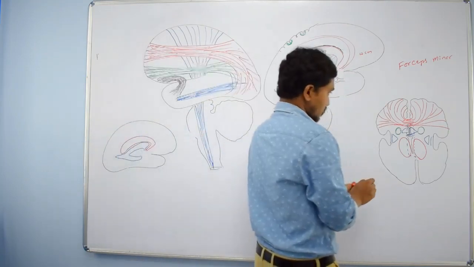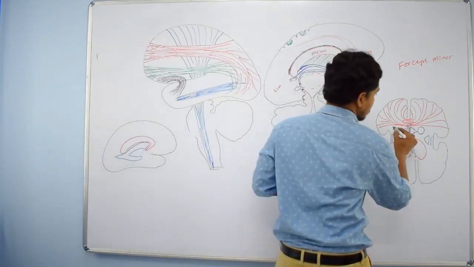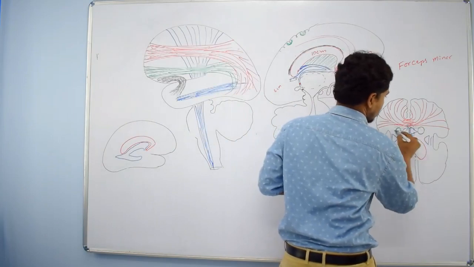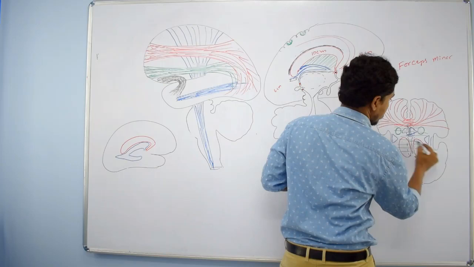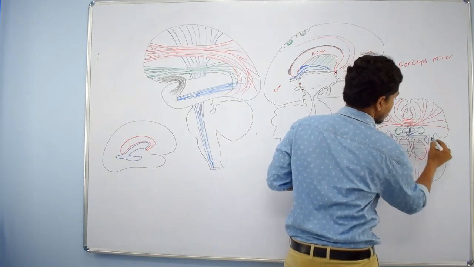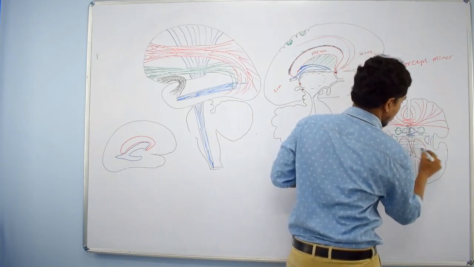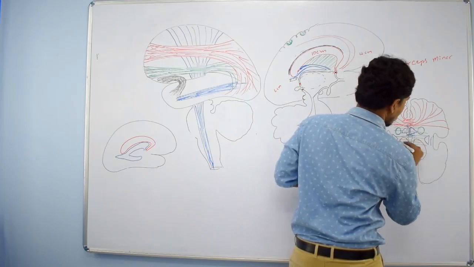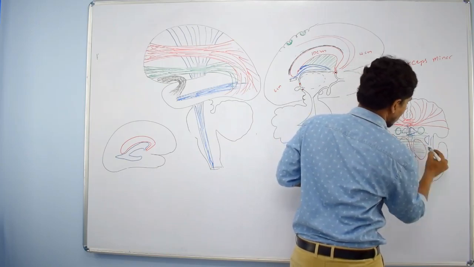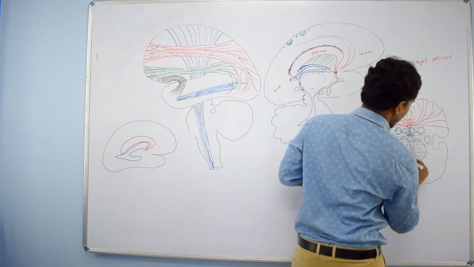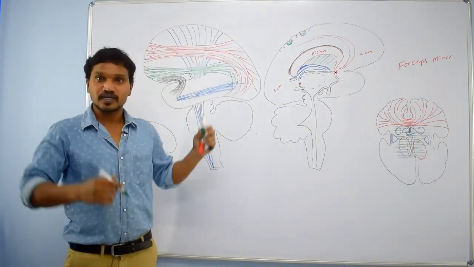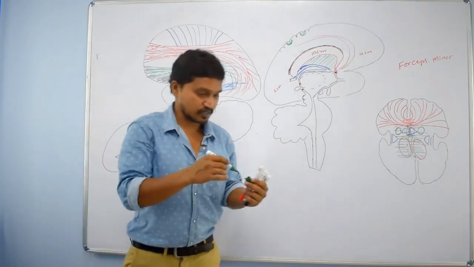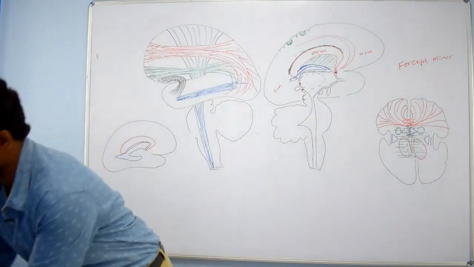So those fibers pass horizontally like this, right? When they are passing horizontally, the fibers present in the corona radiata and internal capsule intersect these fibers. Very simple, don't confuse.